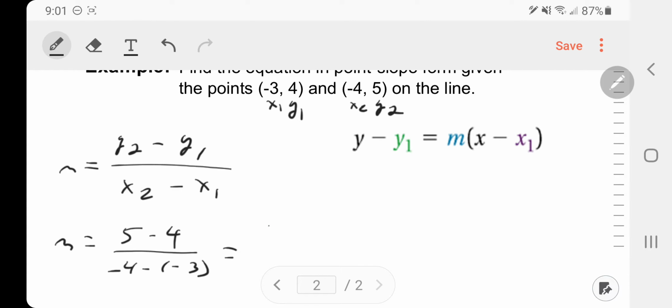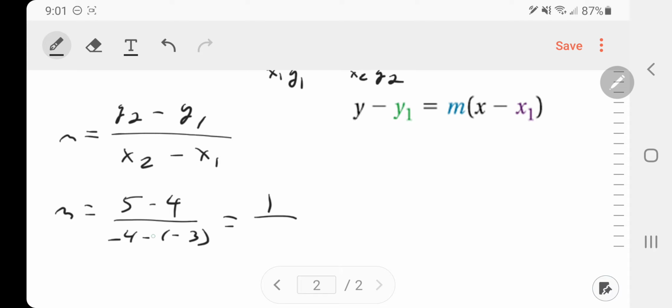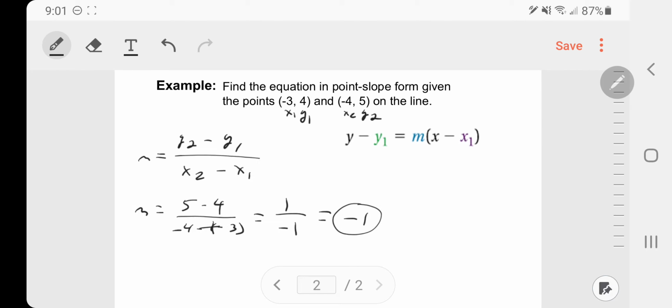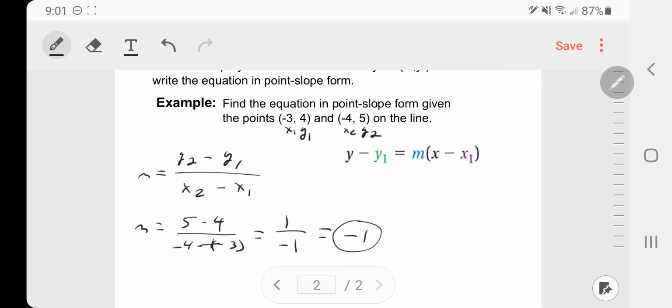All right, so 5 minus 4, that's going to give us 1. And then on the bottom, minus a negative becomes a plus. We're going to get a -1 on the bottom, which means our slope is -1. All right, now that's all we have to solve for because we already have the other piece of info we need.